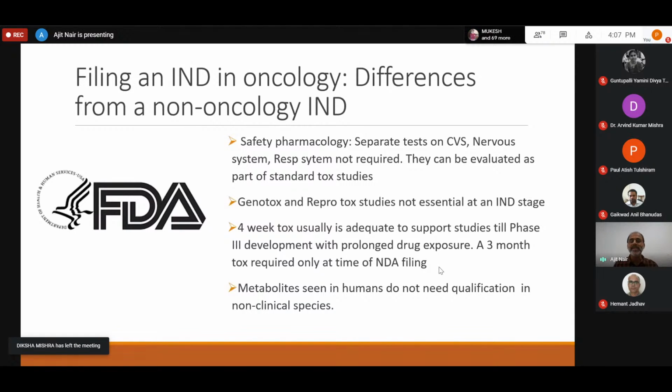So if you have a 28-day tox, you can give the investigational product to humans only for 28 days. If you have 3-month tox data, you can expose human beings to 3 months of continuous dosing. If you have 9 to 12 months of data, you can expose human beings for 1 year, right? Those are the regulations which are typically there for a non-oncology IND.